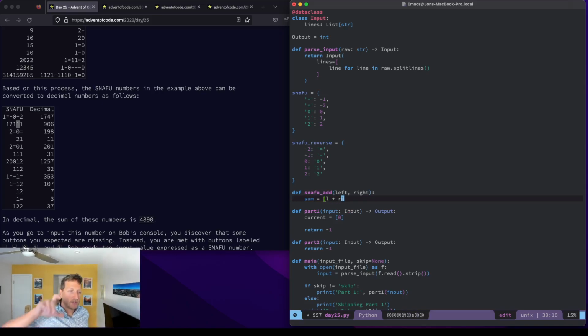So we're going to represent every SNAFU number as a reversed string cast to their individual values.